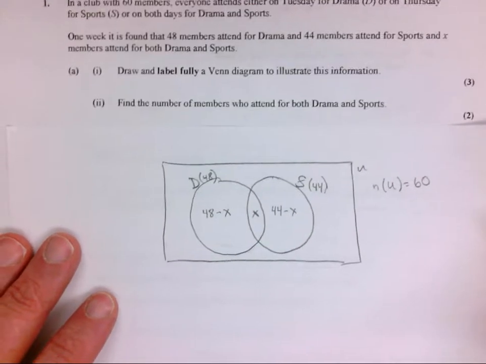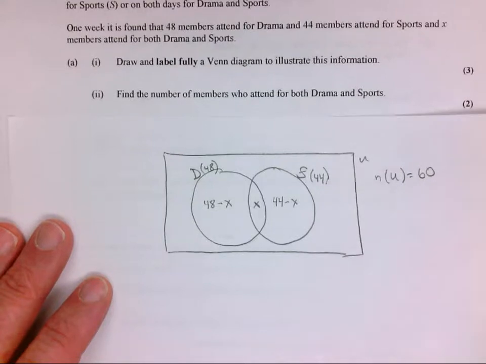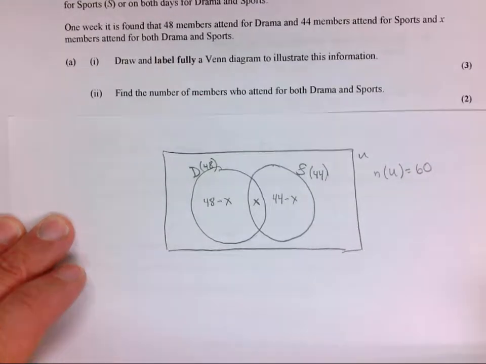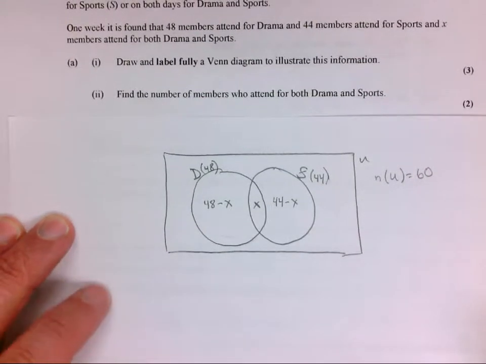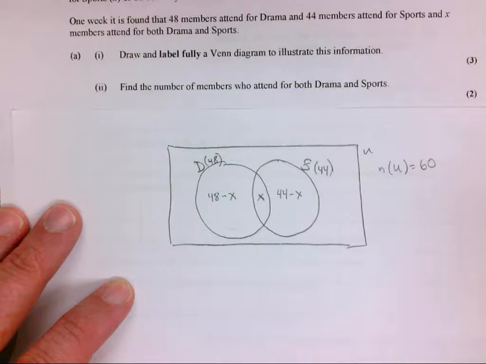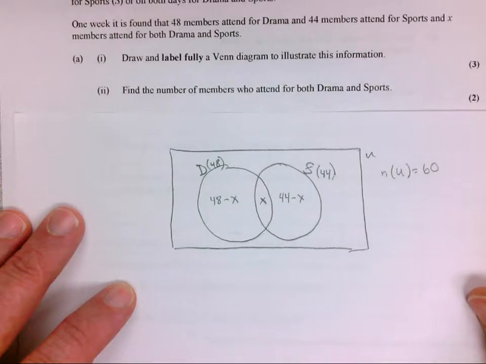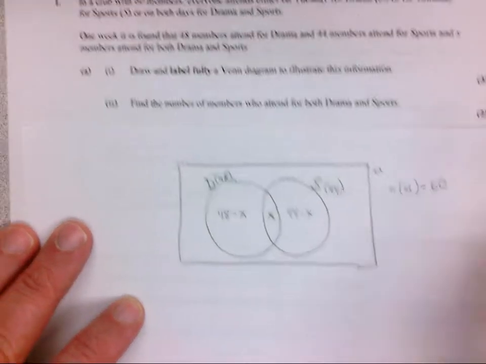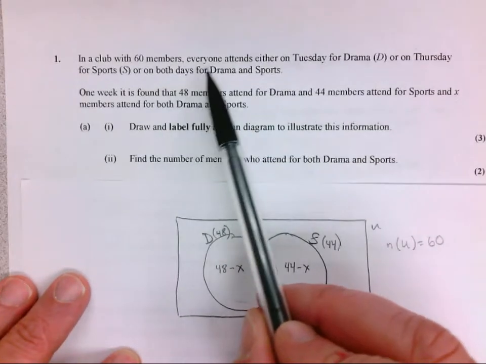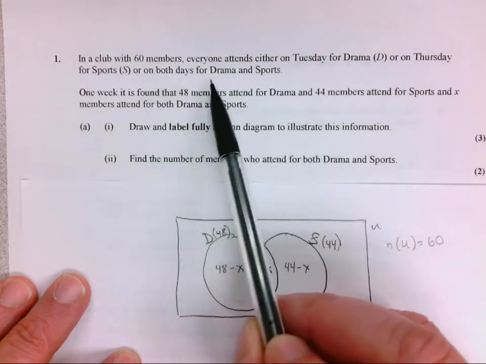Find the number of members who attend both drama and sports. They want us to find X. A little bit of thinking here about what we know. If you go back to the original part, it says everyone attends either on Tuesday for drama or Thursday for sports, or both.